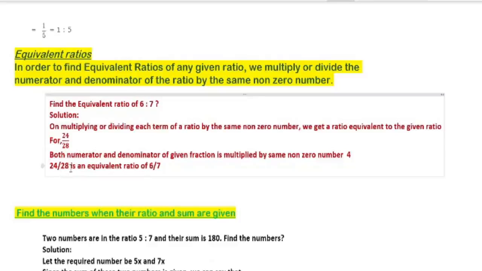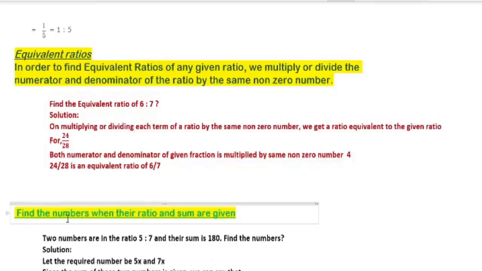So 24 by 28 is an equivalent ratio of 6 by 7. Similarly, if we multiply by 2, you will get 12 by 14, which is also an equivalent ratio of 6 by 7.